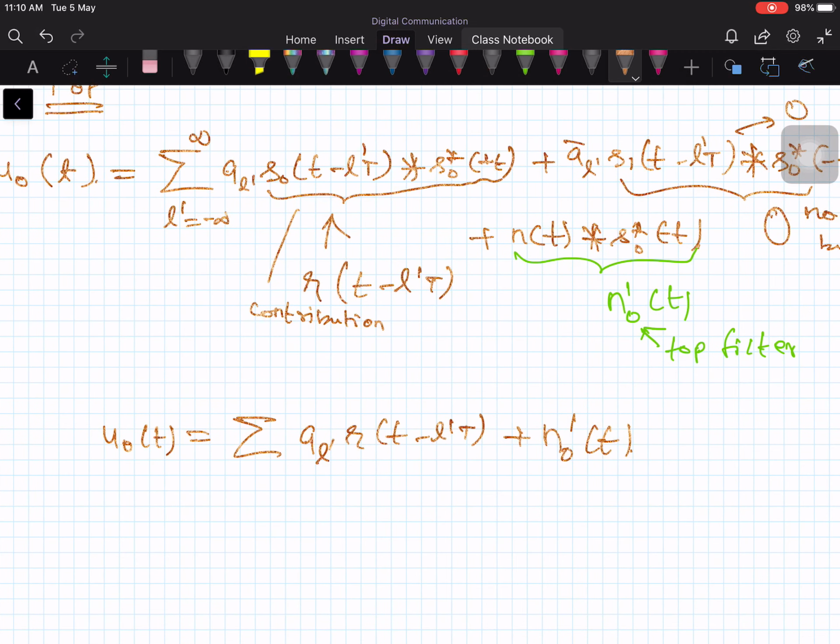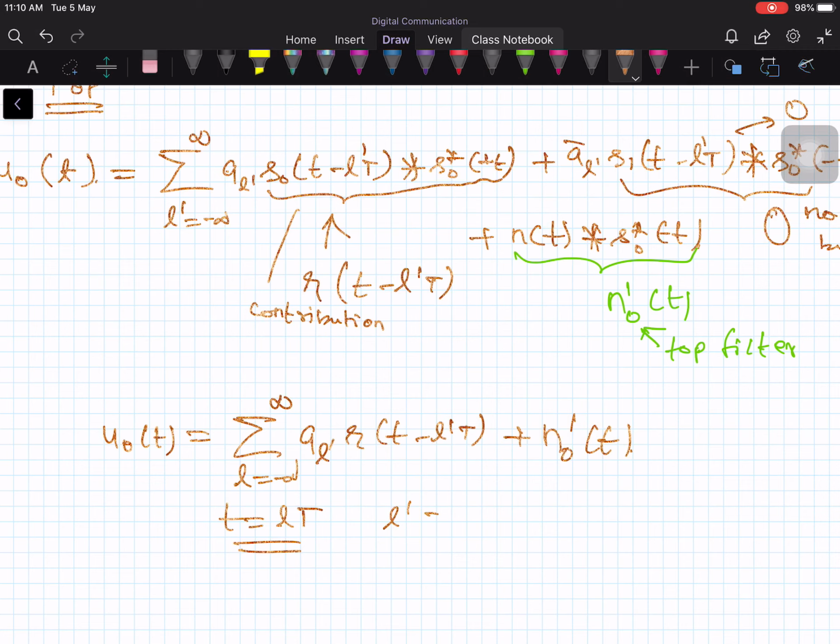Now you sample this filter output at t equal to LT. See, the summation contains so many terms, from minus infinity to plus infinity. You substitute L equal to 1, 2, 3, 4 like that, and for all other values of L prime there is no contribution.